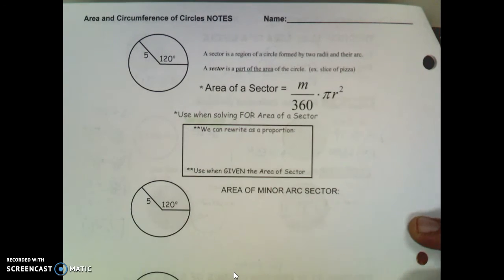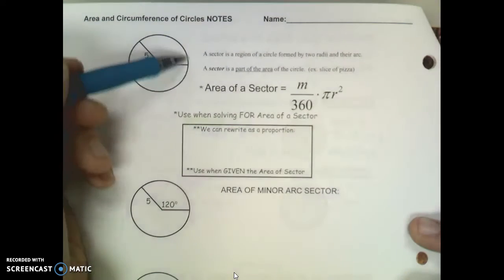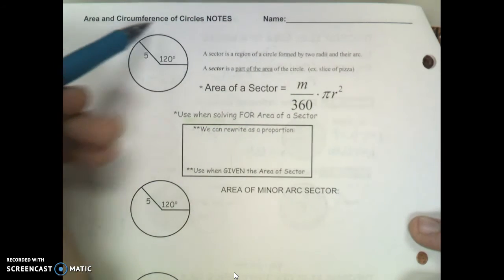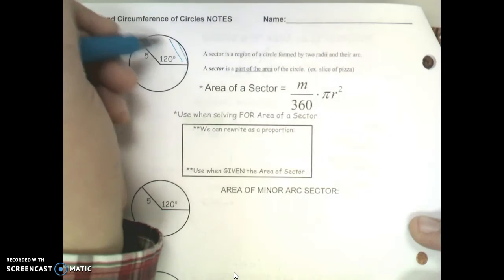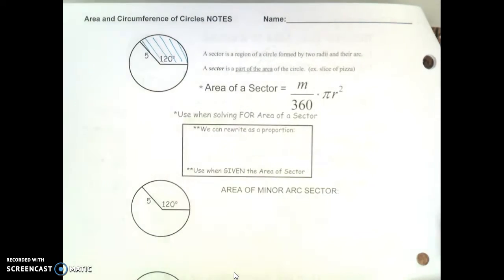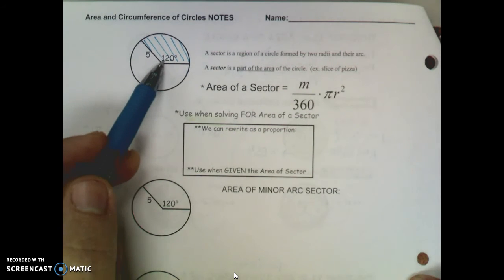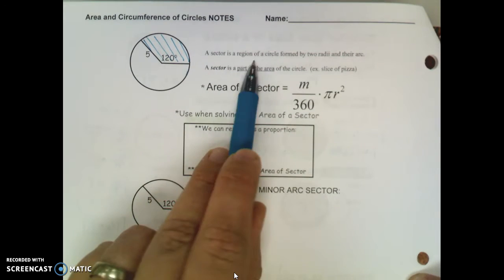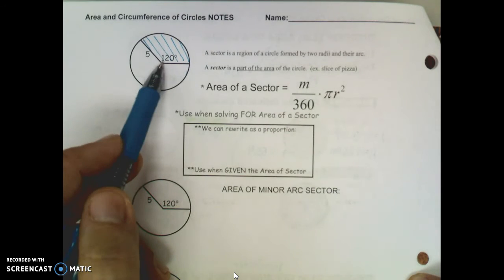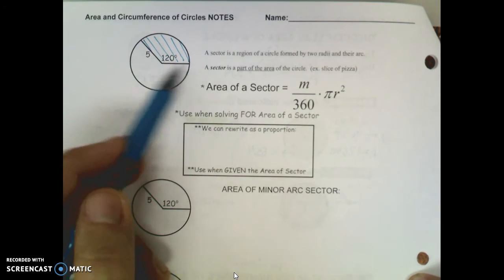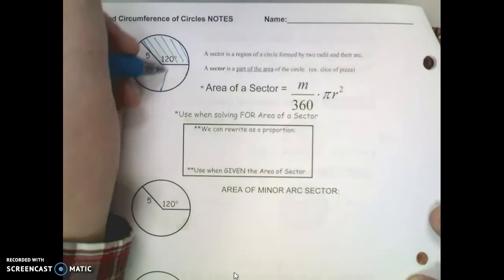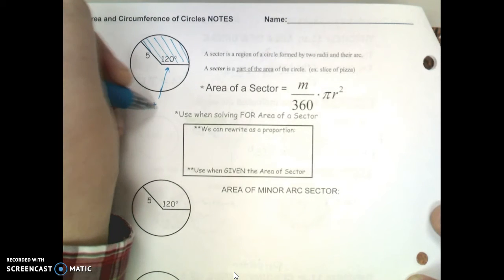So while our area formula will easily give us the area of this entire circle, what I'm really focusing my attention on here is how do I find the area of that portion of the circle? And so what we have to know in order to do that is a sector is a region formed by two radii. So that means that that angle right there that's formed from the two radii ends up being a central angle.